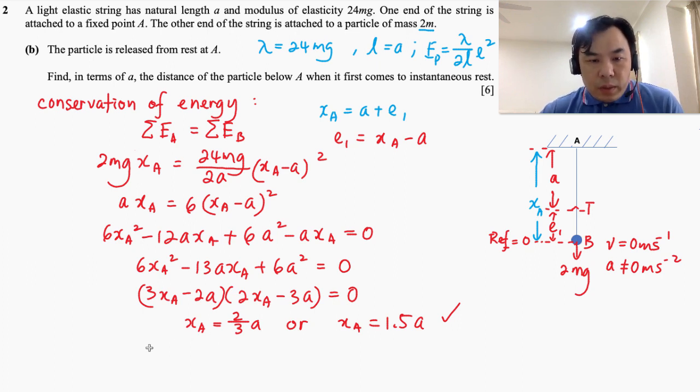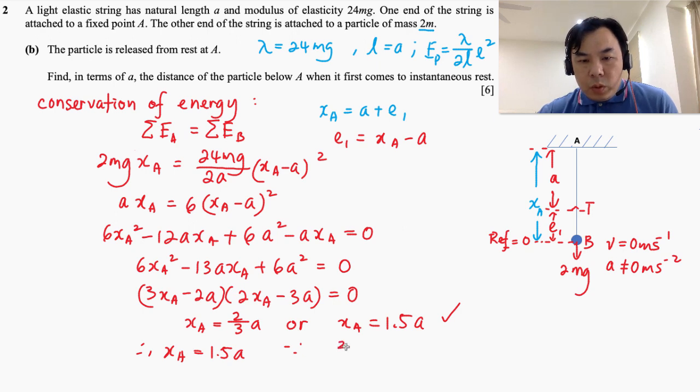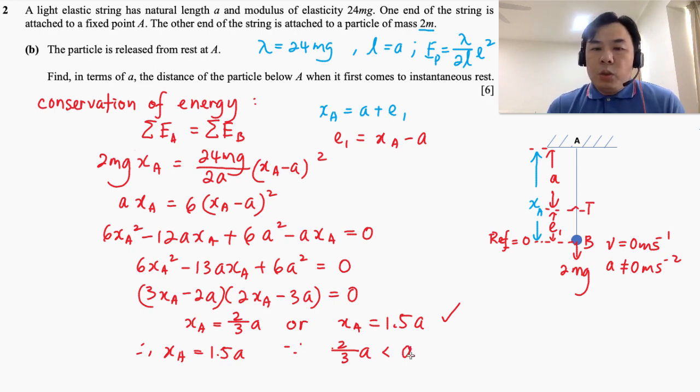Therefore, we say that XA is equal to 1.5A because this 2 over 3a, which is the total length measured from A itself, is less than its natural length, which means it's impossible, knowing that the string was taut.